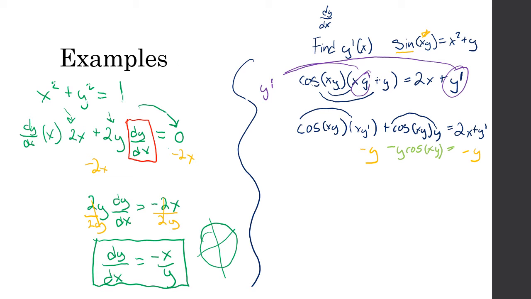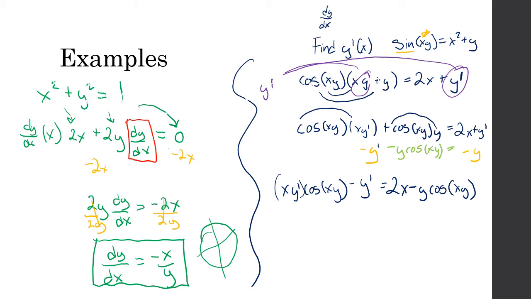So let's rewrite this a little bit cleaner: x y prime cosine xy minus y prime equals 2x, and remember we've subtracted y cosine xy from each side. So we're getting close.